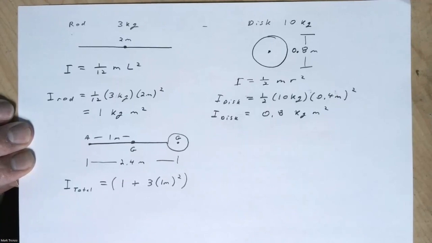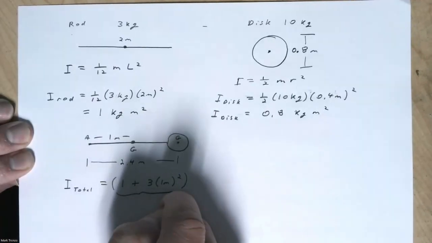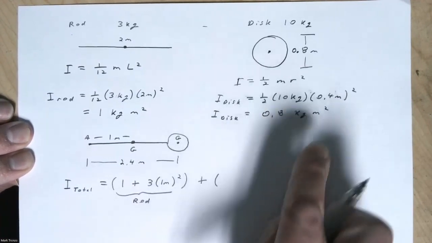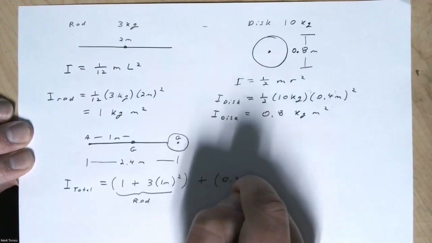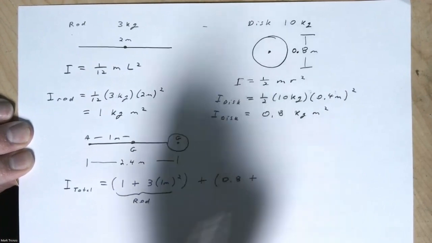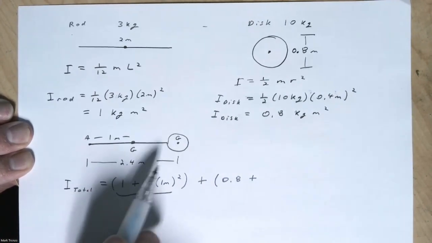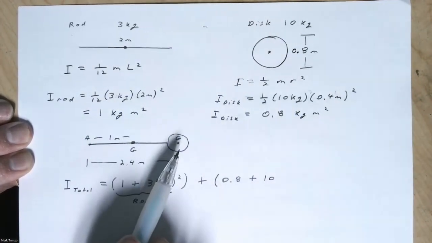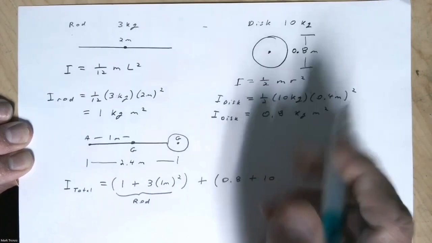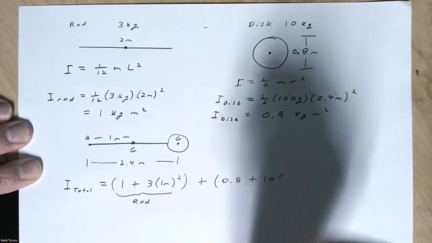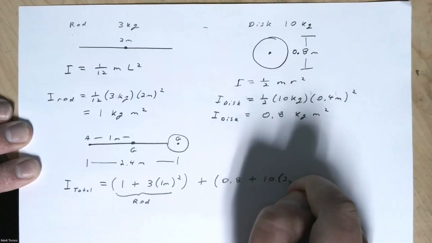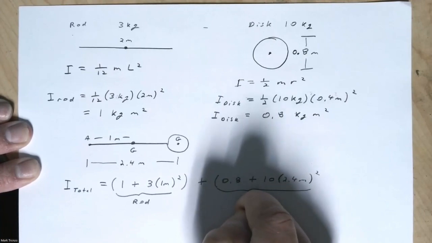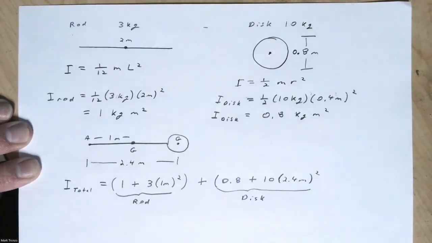That's going to be for the rod. And then for the disk, we have that was 0.8 plus its mass, which is 10 kilograms, times the distance from its center of gravity to the center of rotation. Like that.